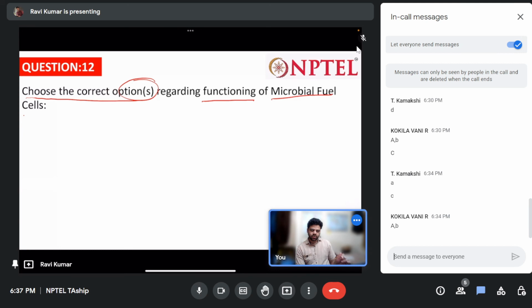MFC is the short form for microbial fuel cell. I'm just expecting an answer, yes or no. It's fine if you know, and even fine if you don't know.